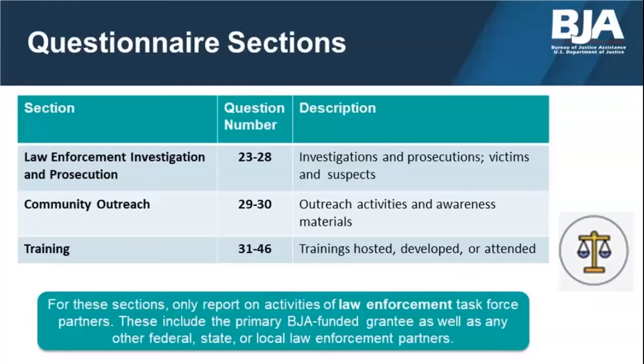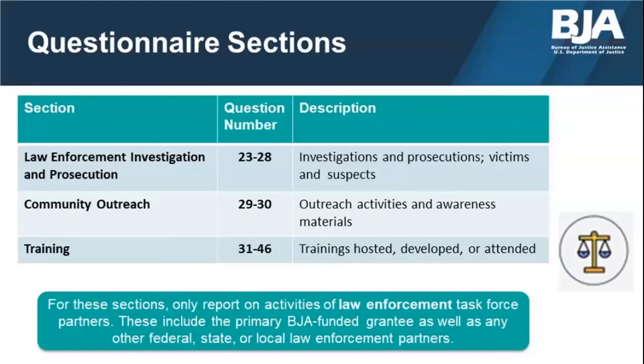The next sections start to cover some of the actual results and outputs of your grant activities. The Law Enforcement Investigation and Prosecution section is a key section, asking you to report numbers related to conducted investigations, identified victims, and prosecuted suspects. We will be highlighting some commonly asked questions around this section a little later in this presentation.